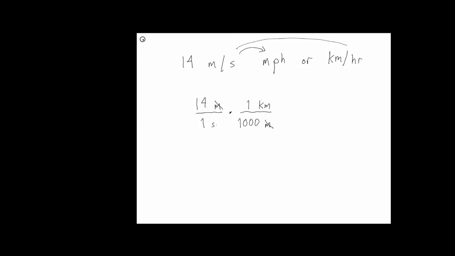And now we have kilometers per second, but we need to convert the seconds. So let's do that. So we have 14 kilometers every 1,000 seconds. Okay. Even from this point, you might get the feeling that this is pretty fast.